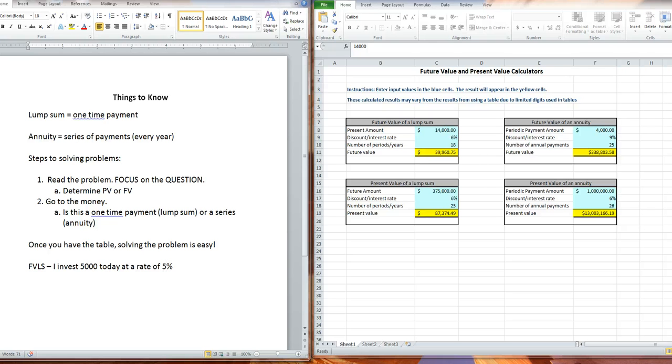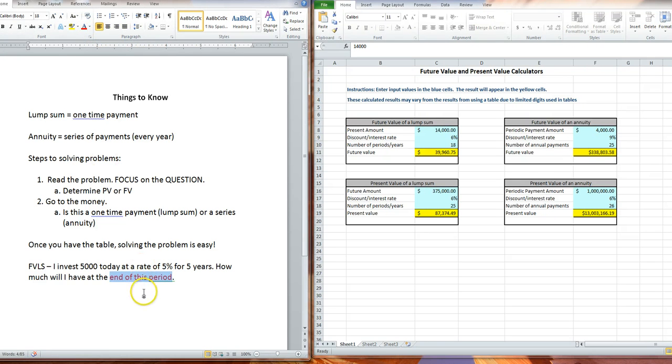Whenever I give you a rate, it's an annual rate, so you can just assume that. 5% for 5 years. How much will I have at the end of this period? Future value. How much will I have at the end of this period, out in the future? I'm not asking you for a value today. I want to know what it's going to be worth out in the future.